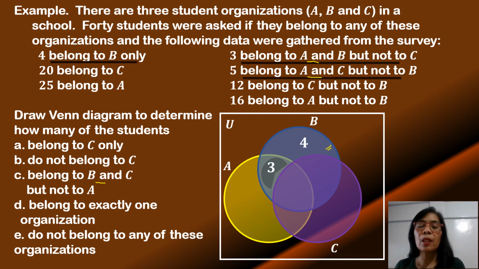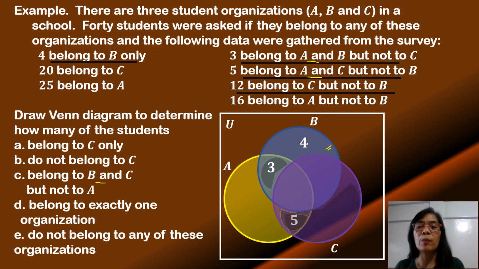The next data is there are 5 students who belong to A and C, but not to B. So A is yellow, C is violet, and so we are referring to this region, students belonging to A and C but not to B. And there are 5 students. 12 belong to C but not to B. So we are referring to this region.